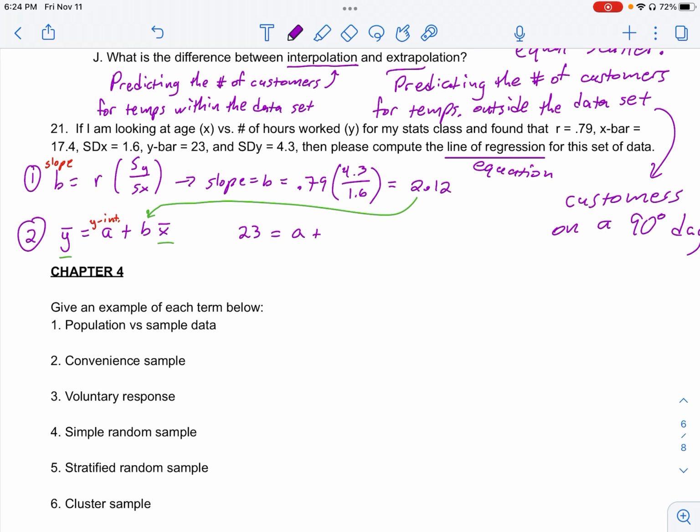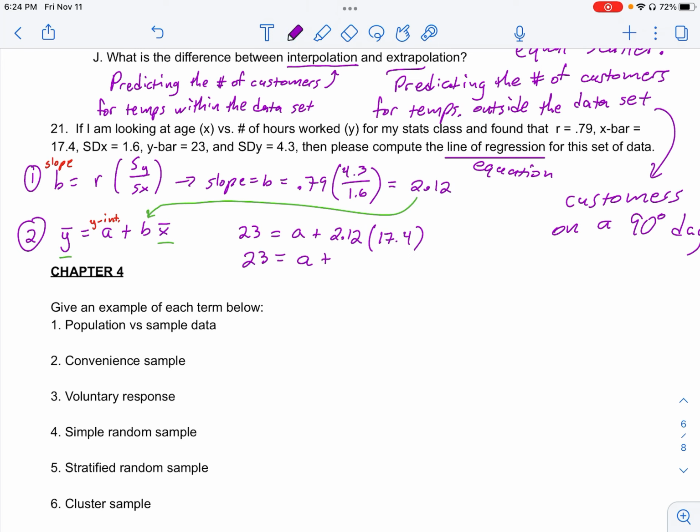A, I don't know. That's what I'm solving for. The slope I just found to be 2.12. And X bar is 17.4. And B is the slope. So that's where I got that.